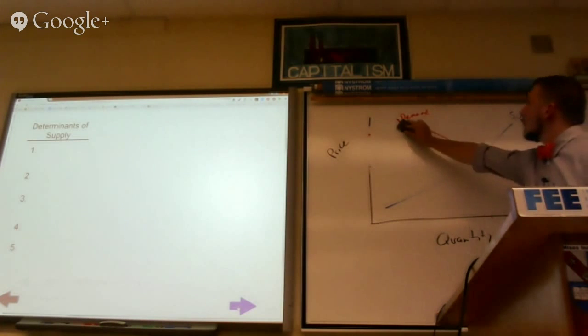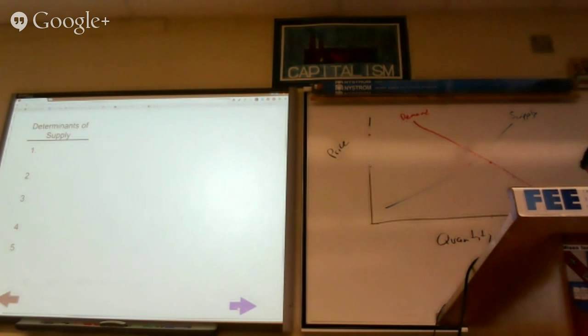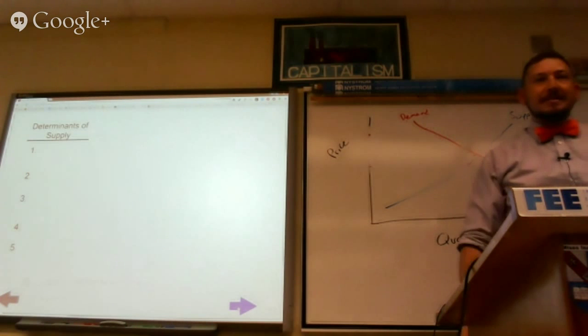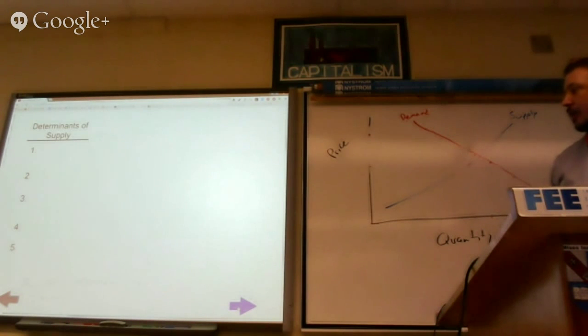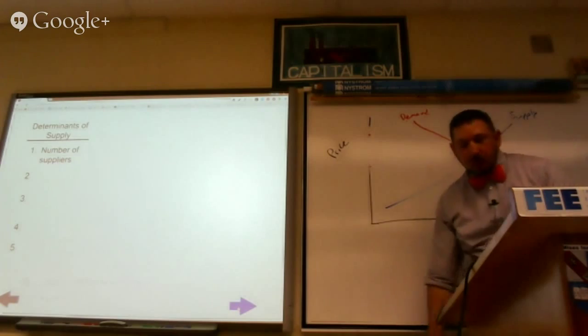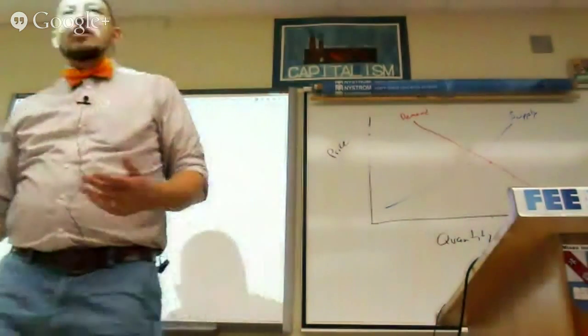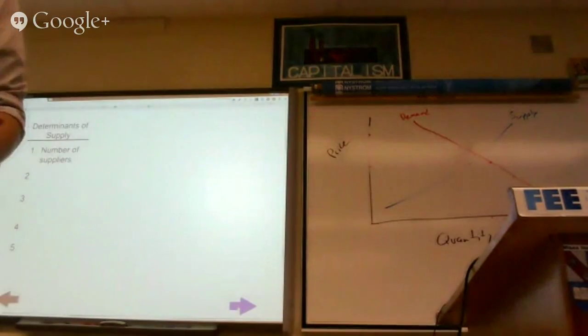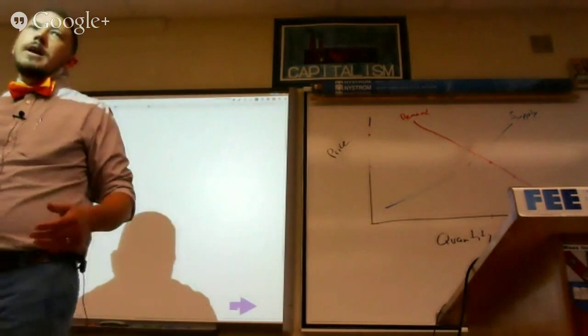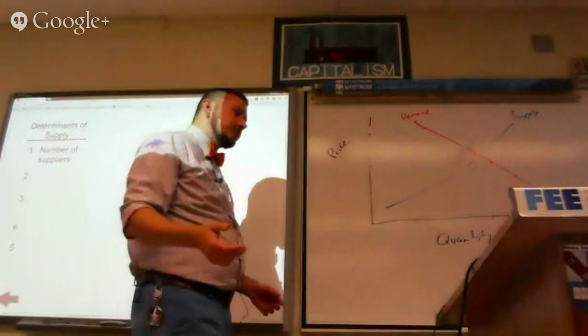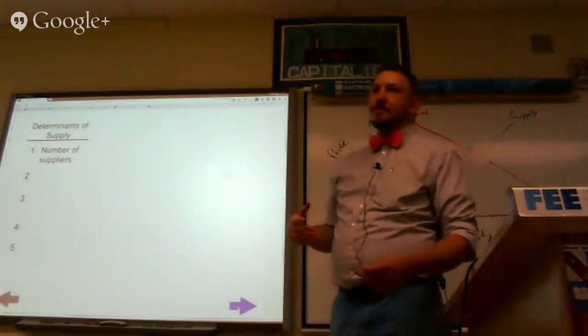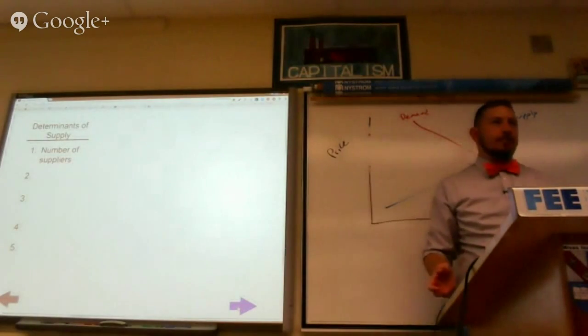All right, so have one demand curve, one supply curve on your desk somewhere so that you can draw them. The same way that the number of consumers influences the demand curve, the number of businesses working in that industry, or rather the number of suppliers, influence supply.